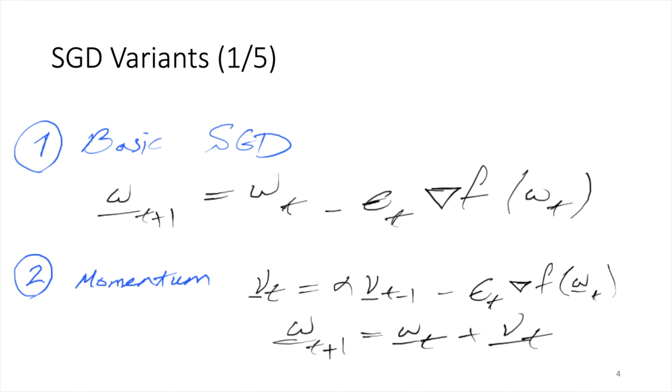So you would define another vector called V of t, and you would have another hyperparameter called alpha. The alpha would adjust your previous V with the gradient and the step size, and when you were updating your W's, you would use this vector and its direction, because it's in a vector space, it has a direction as well.